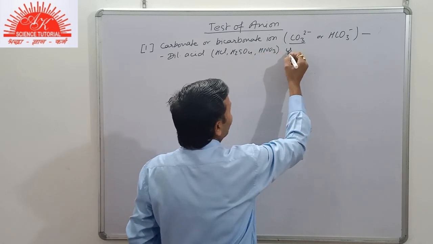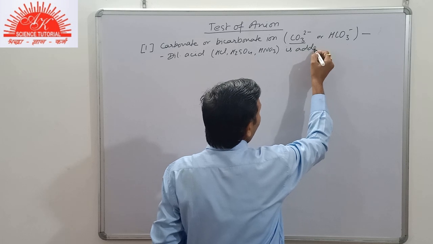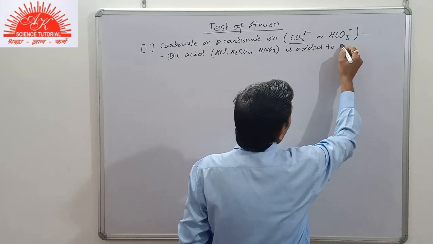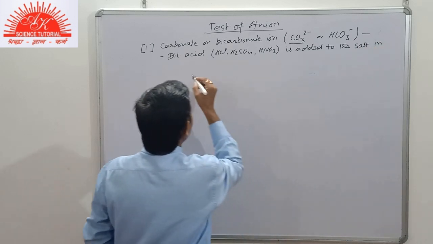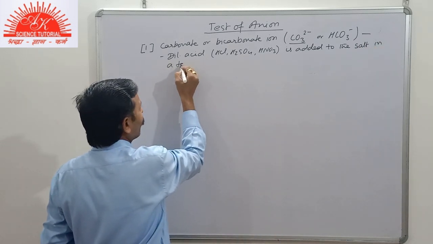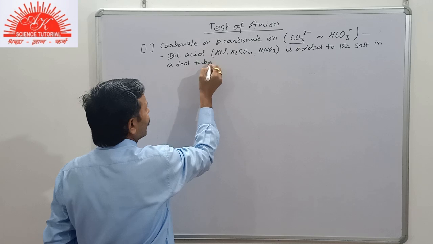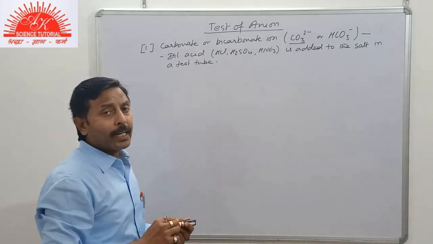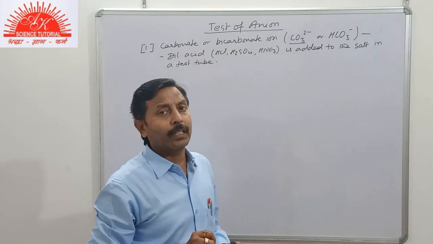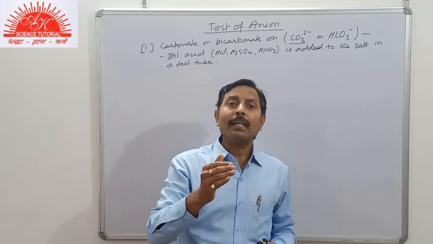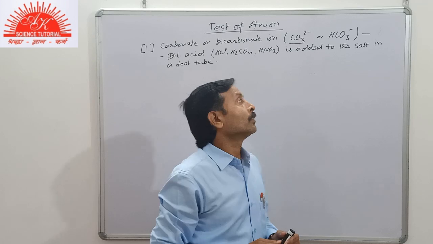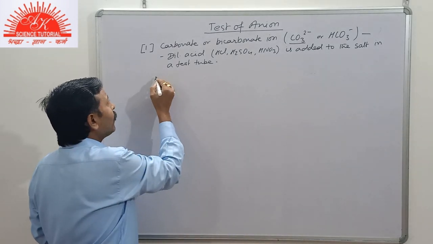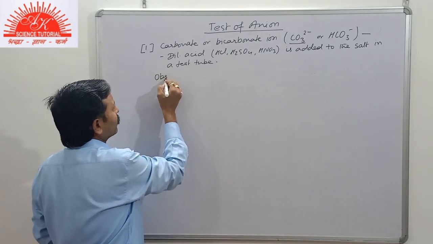Dilute acid is added to the salt in a test tube. Just we take a small sample of the salt in a test tube and then we add dilute acid to it. Clear, student?